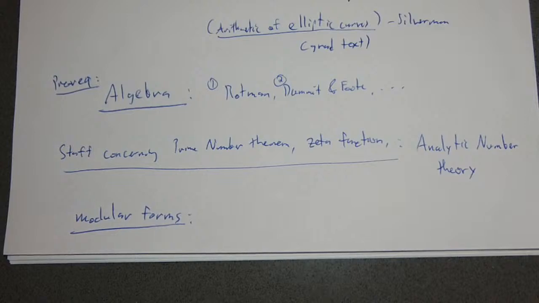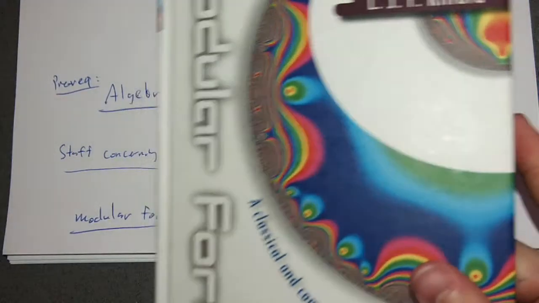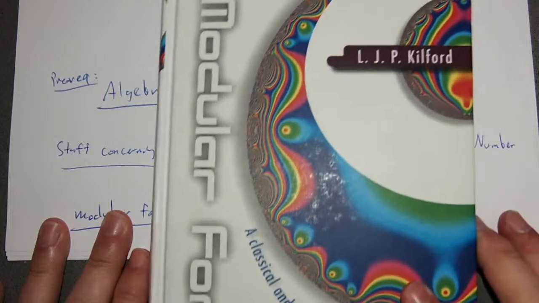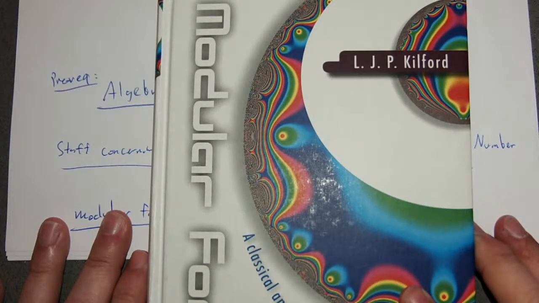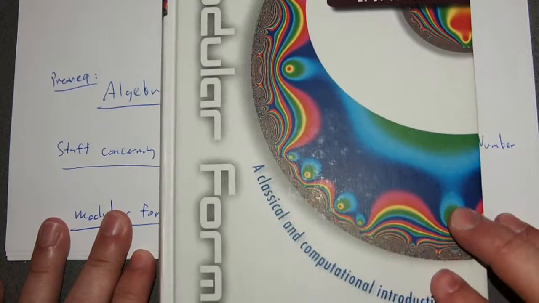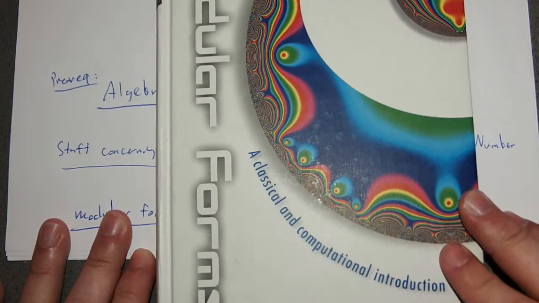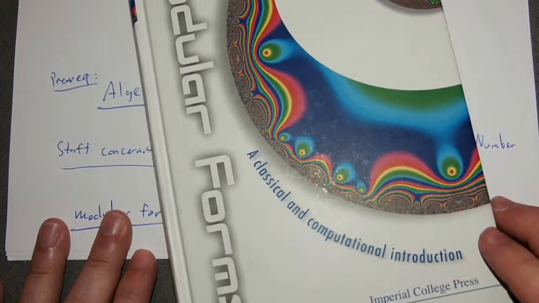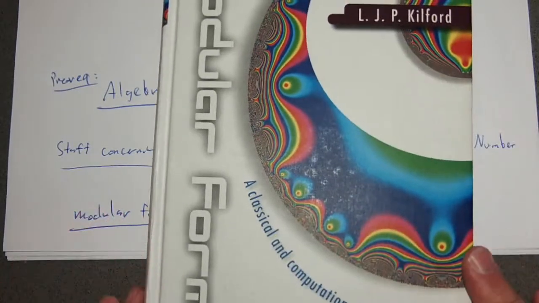I haven't looked at it in a while, but I remember this being pretty solid. I'm not a number theorist or anything, so any advice I give on textbooks is purely from an outsider point of view. So here's the book, Modular Forms: A Classical and Computational Introduction by Kilford.